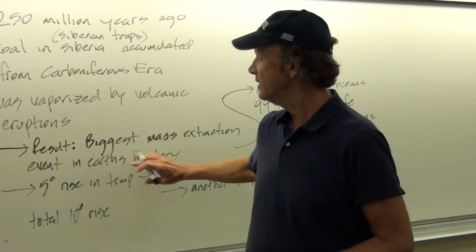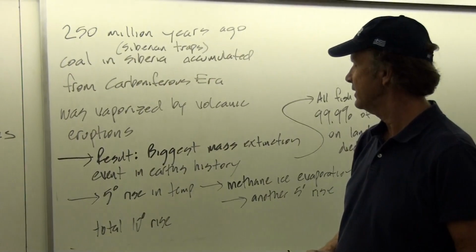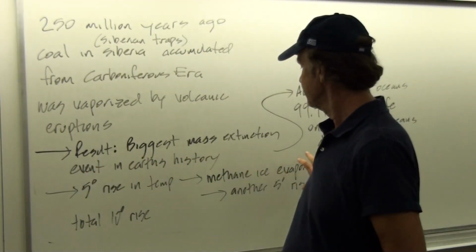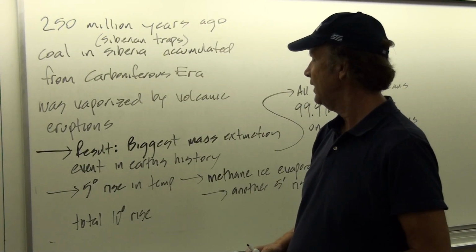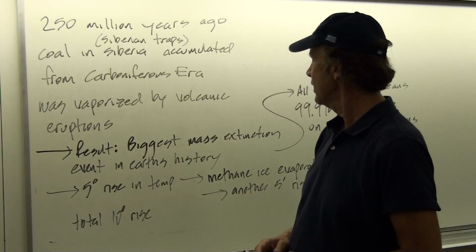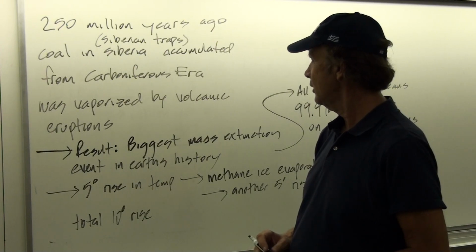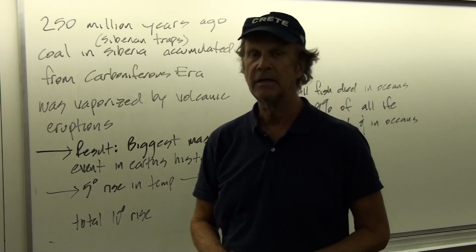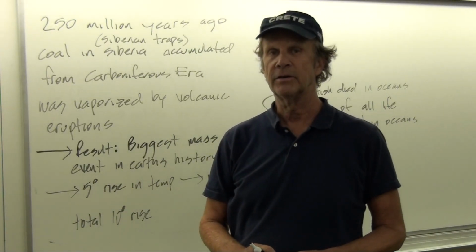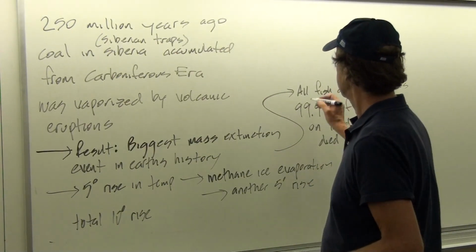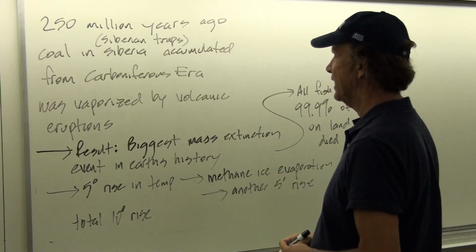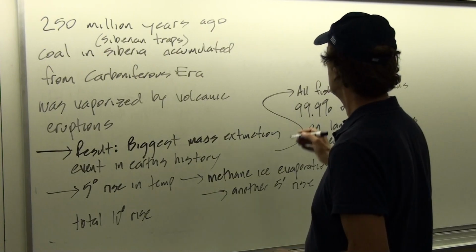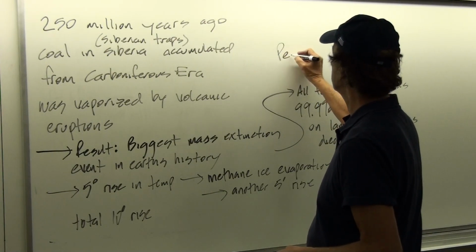This could give rise to catastrophic events like the evaporation of our oceans, or big enough temperature rises globally to cause almost all of the life on the planet to be exterminated. And so this event then, the most significant mass extinction event, which is caused by uncontrolled global warming, is called the Permian extinction.